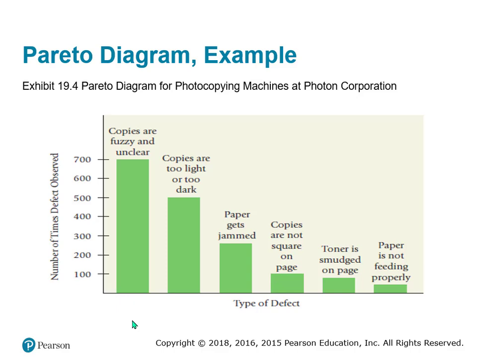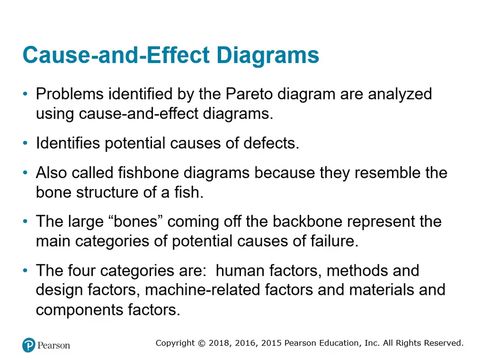The most frequently recurring and costly problems are identified and analyzed using cause and effect diagrams. It shows you the potential causes of defects. They're called fishbone diagrams because it kind of looks like a fish. And the categories are human factors, methods and design factors, machine-related, and materials and component factors.